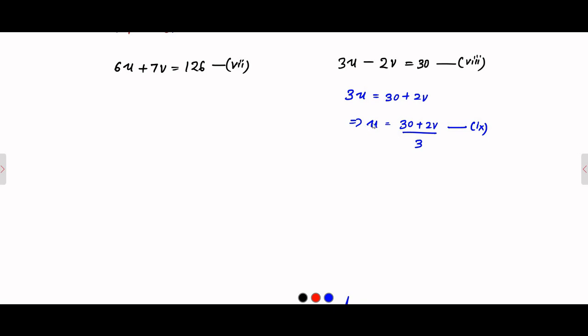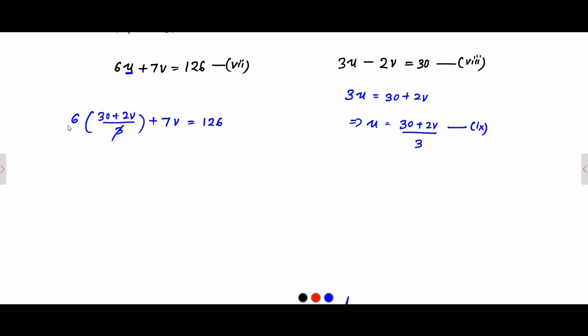Now we put this value of u in terms of v in equation 7. In place of u we'll put this value. What we are trying to do is to convert the entire equation in terms of v. So 6 into 30 plus 2v by 3 plus 7v is equal to 126.